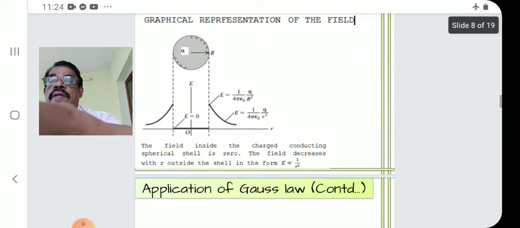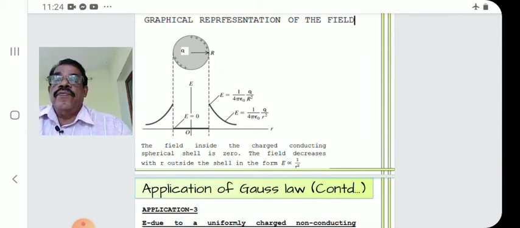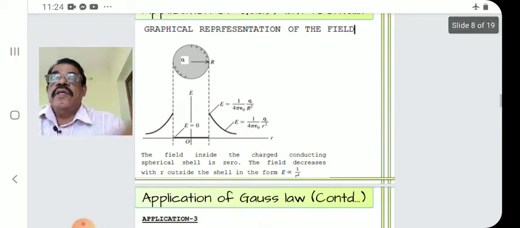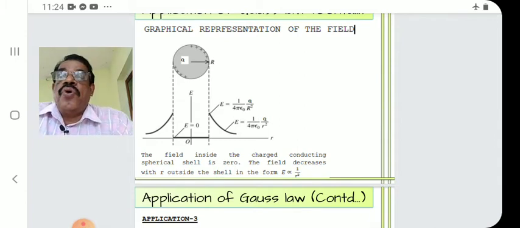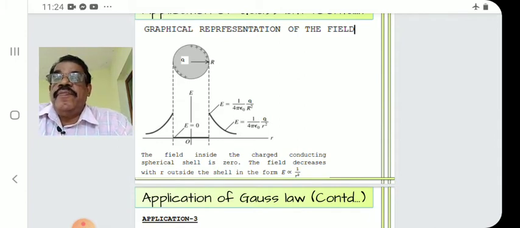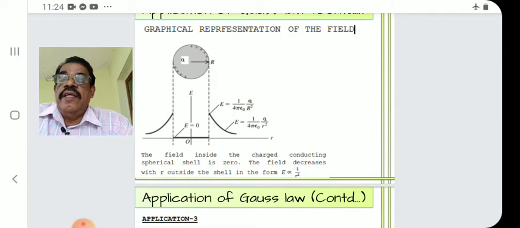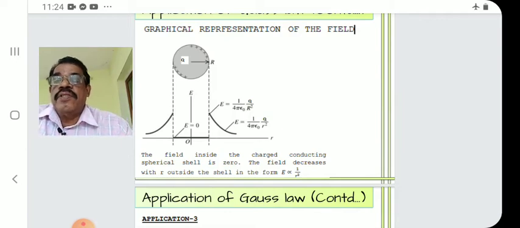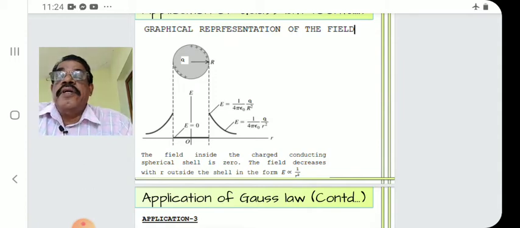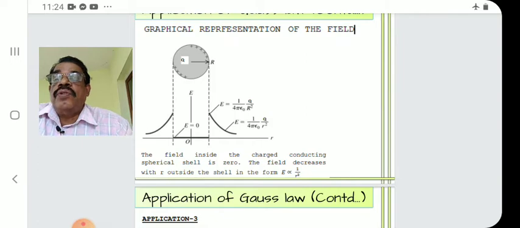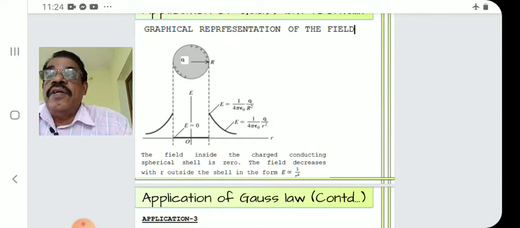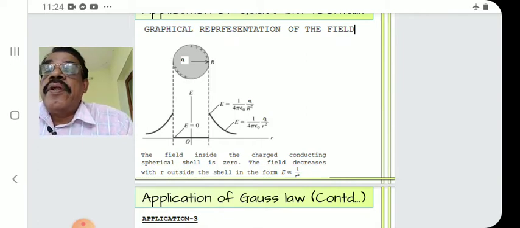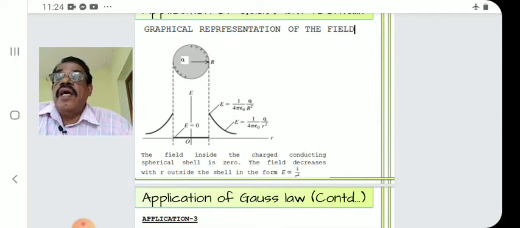And this calculation we can represent graphically. This is the graph showing the variation of field inside and outside the spherical conductor, drawn by taking r on the x-axis and E on the y-axis.